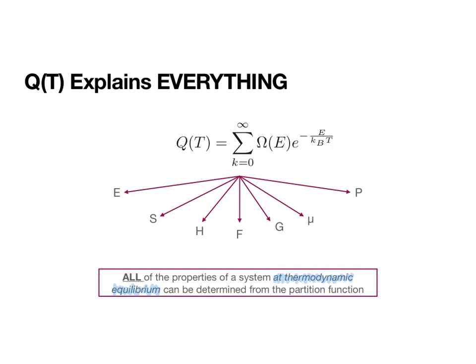And this includes the energy, the entropy, the enthalpy, the Helmholtz energy, Gibbs free energy, the chemical potential, this thing that we'll talk about eventually, pressure, etc., etc., etc. It turns out that starting with this Q of T, we can get pretty much anywhere that we want to be able to describe the thermodynamics and the energies and the properties of the system.